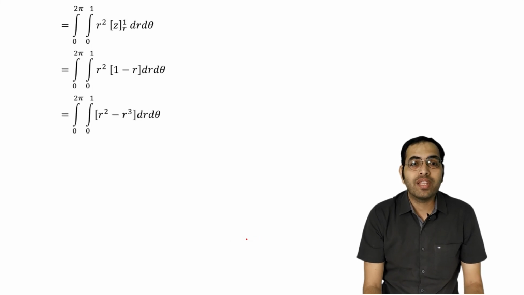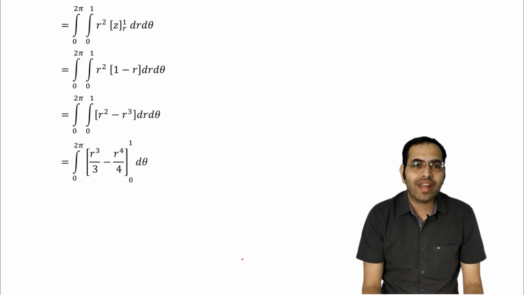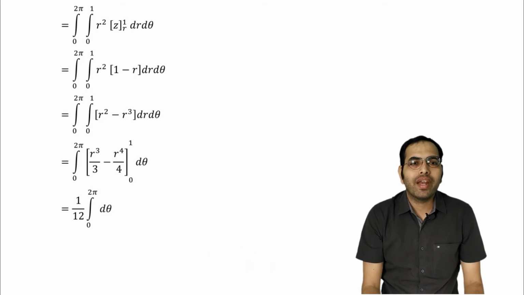Multiplying inside the brackets, r square minus r cube dr d theta. Integrating with respect to r gives r cube by 3 minus r raised to 4 by 4, from 0 to 1. Taking the LCM, 3 fours are 12, so we get 1 by 12 times the integral from 0 to 2 pi of d theta.